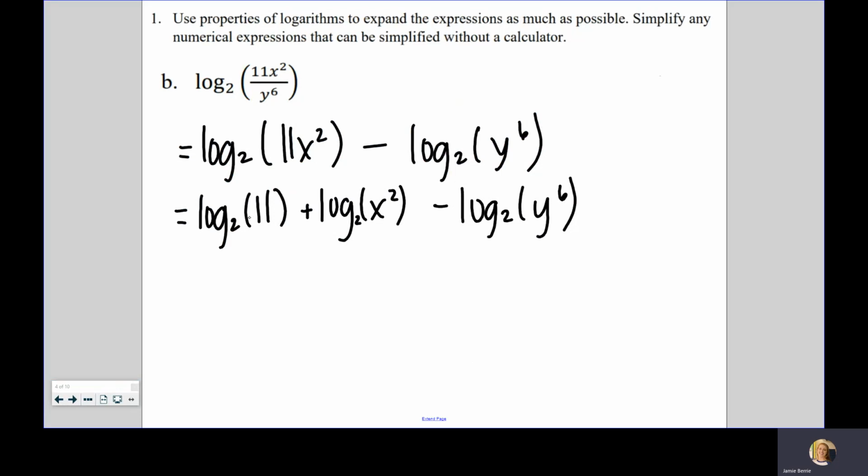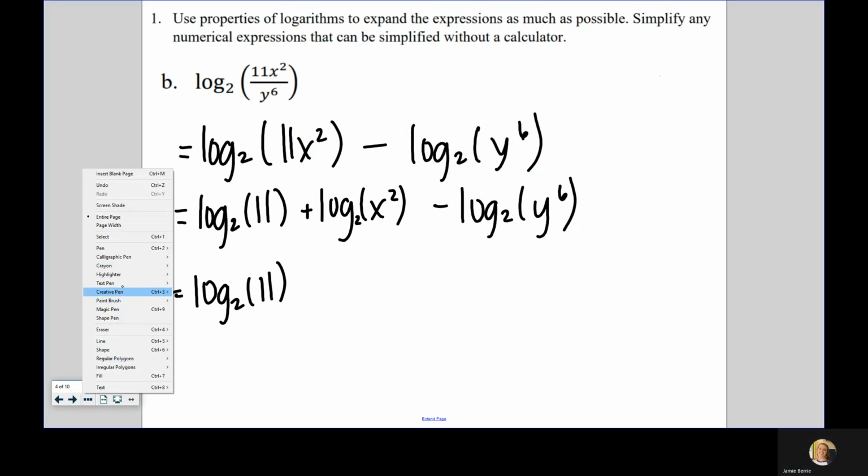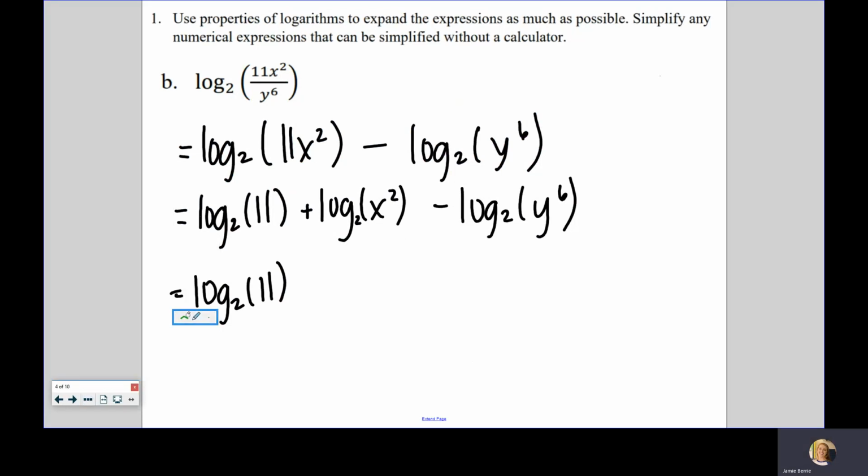Okay, now let's look at what we have going on. Log base 2 of 11, that's in simplest form. Nothing I can do there, so go ahead and just rewrite that. Here I can use the power rule to bring that exponent out front. So go ahead and use your power rule to bring that out front.